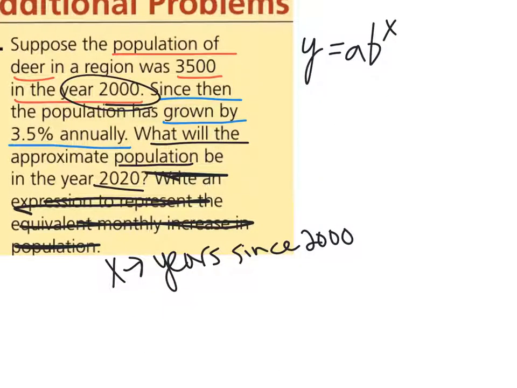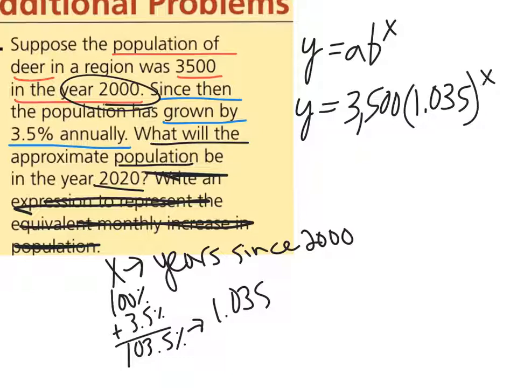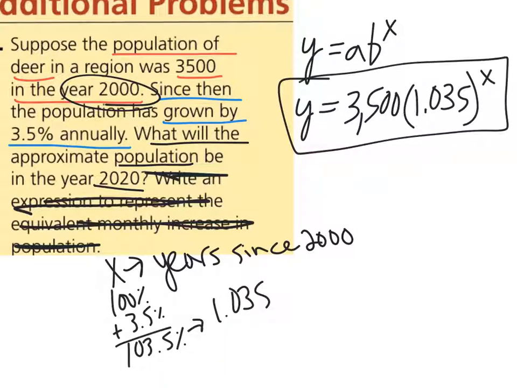So based off of that, our initial value was 3,500. For our growth factor, if you think about 100%, and it's growing by 3.5%, that's 103.5%. So that'd be 1.035. So this is our equation first of all.